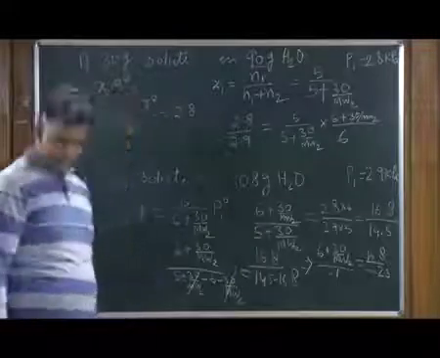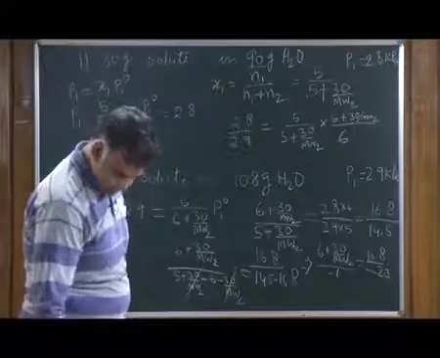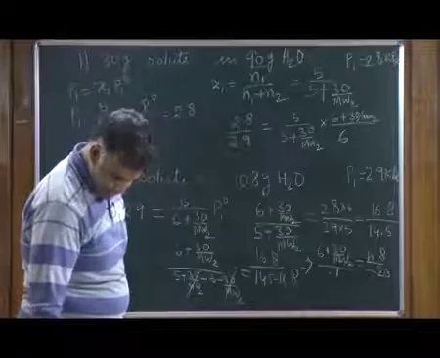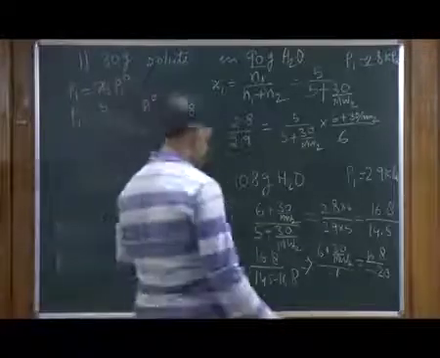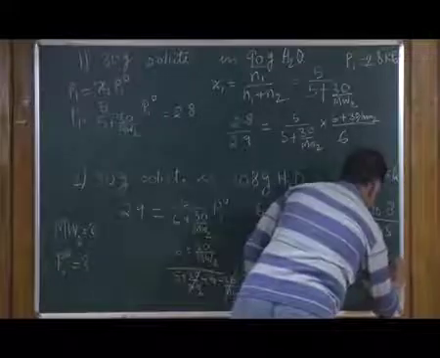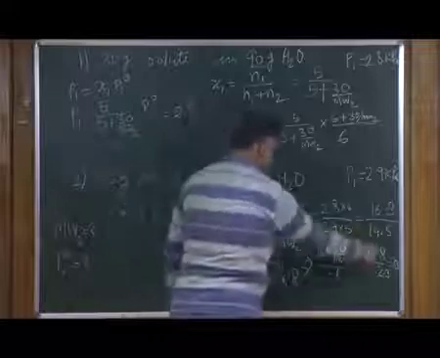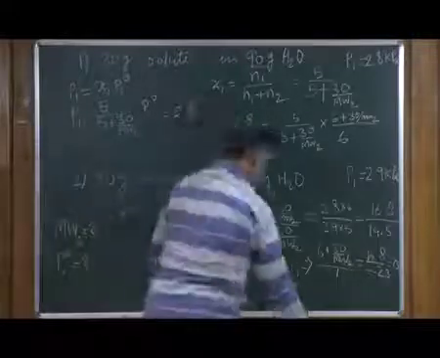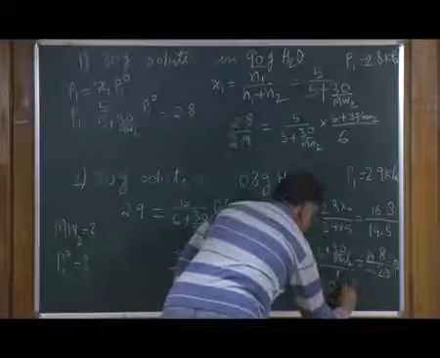Now, this can be solved. 16.8 divided by 2.3 is equal to 7.3. So, 6 plus 30 divided by molecular weight minus 1 equals 7.3. 1 goes to the other side, 6 goes to another side, and I get 30 divided by molecular weight is equal to 1.3.